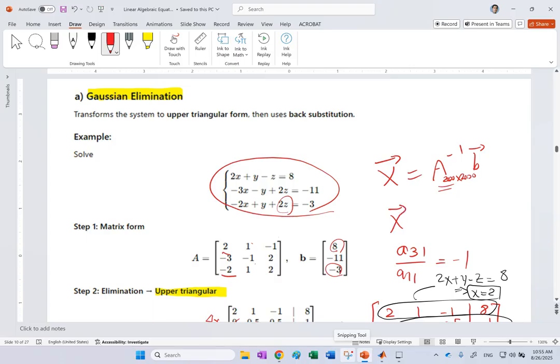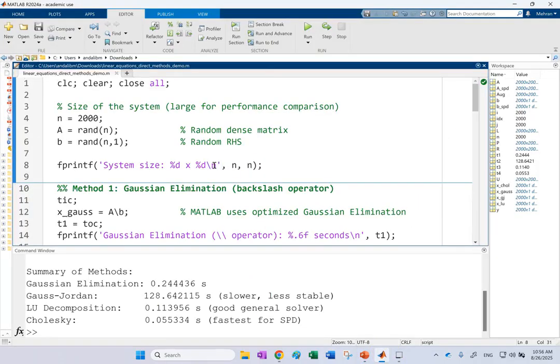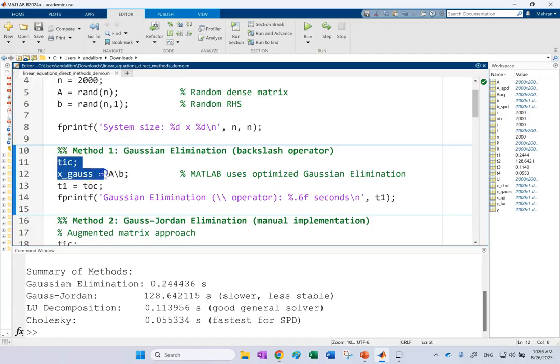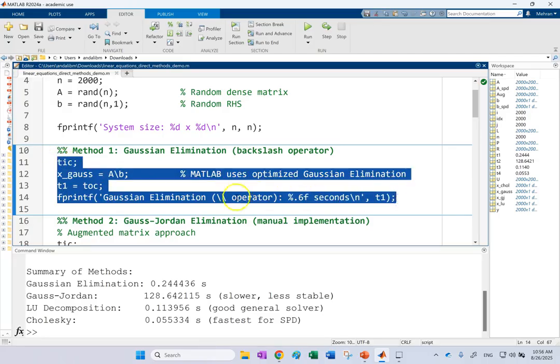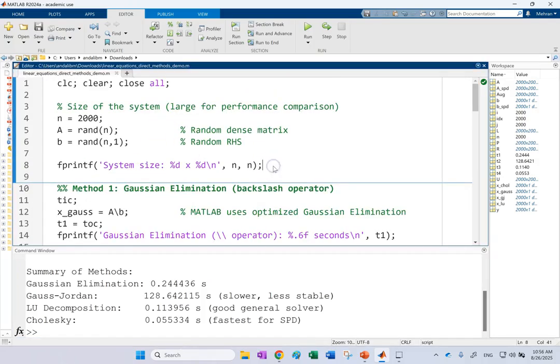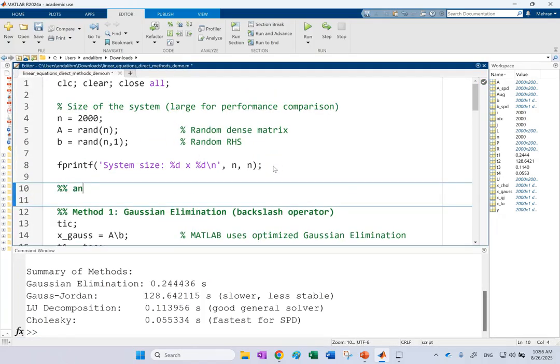But if you say x equals A backslash B, this is solving it with Gaussian elimination, which is a lot faster than A inverse B. And if you want, I can put another A inverse B here for you, right? And I can show you that if I do it with A inverse B, it is not going to be as fast. Let me just add it for the sake of, so analytical solution with inverse.